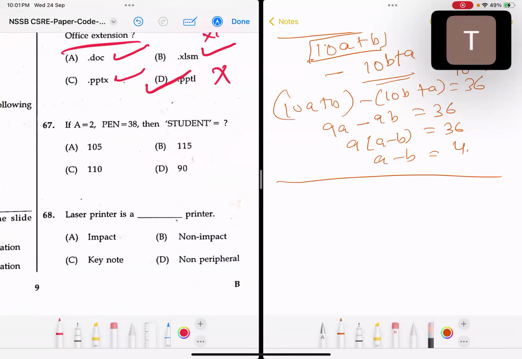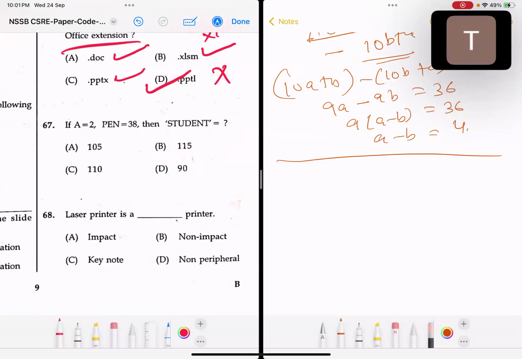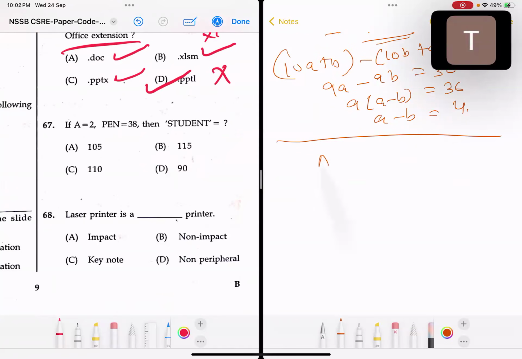Now let's come to question number 67. If A is equal to 2, pen is equal to 38, then student is equal to what? Now you see, A, how many alphabets are there in A? Just one, right? So it will be 1 plus 1 is equal to 2, right? Now pen.